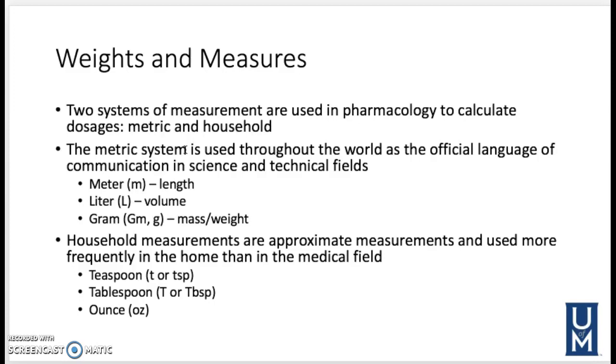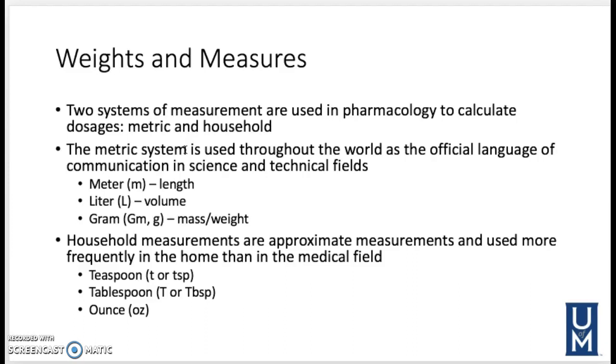So just to clarify, some different types of weights and measurements that you may see as we begin doing some of these mathematic problems or medication dosage problems. So two systems of measurement are used in pharmacology to calculate the dosage, and that's metric or household. The metric system is used throughout the world as the official language of communication in science and technical fields.